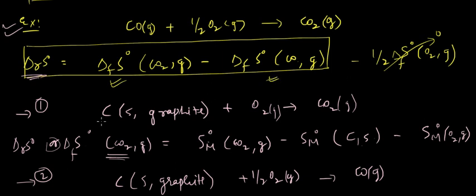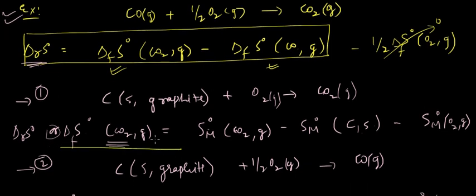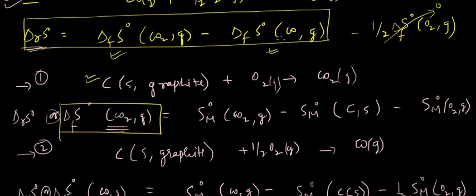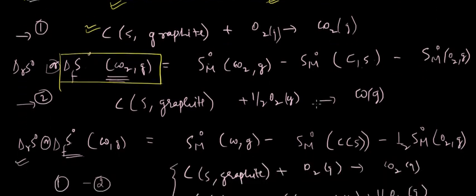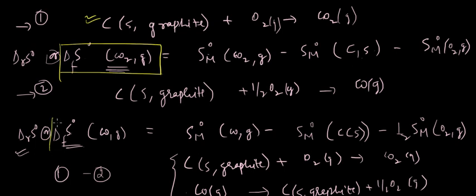So we have seen that ΔrS° would be equal to ΔfS° CO2(g) minus ΔfS° CO(g). The entropy of formation of carbon dioxide would be this, in which we looked at the reaction in which CO2 gas was getting formed, and that of carbon monoxide would be this, coming from the second reaction.